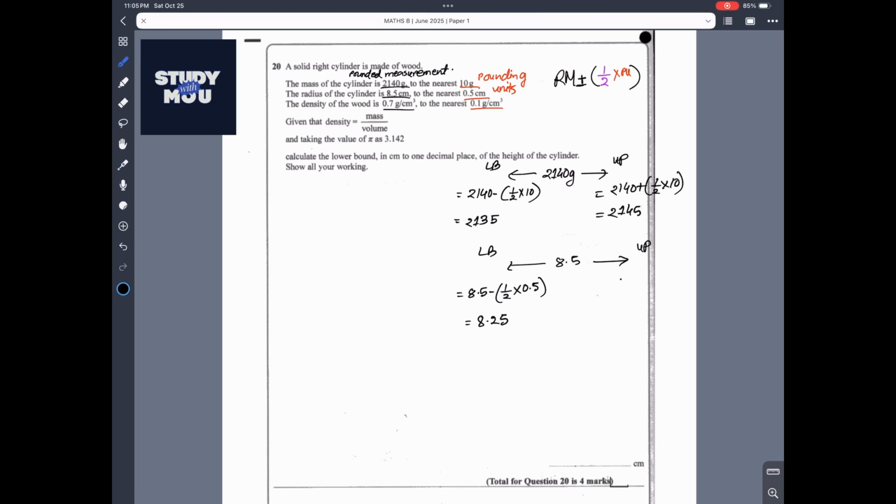And for the upper bound, 8.5 plus 1 by 2 multiply 0.5, which is 8.75. So this is our radius.